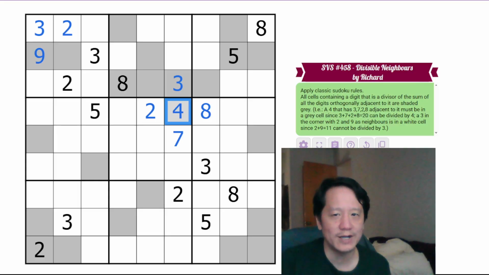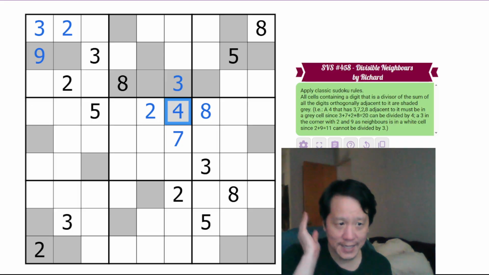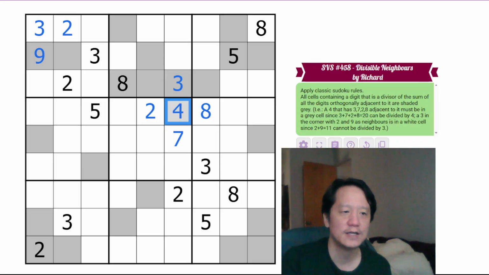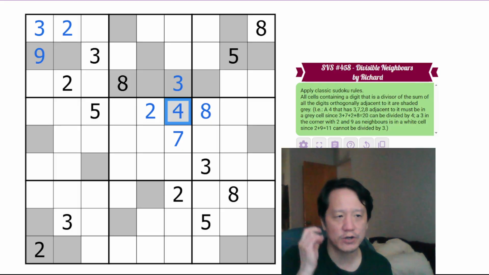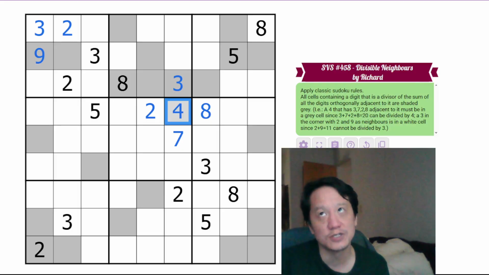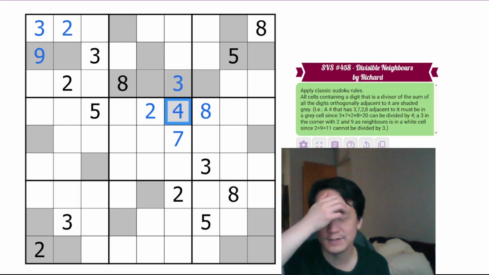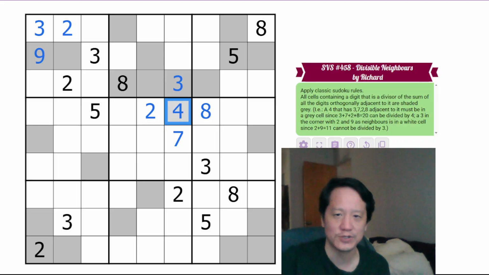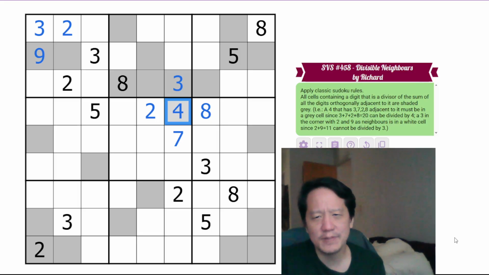And the digits in white cells cannot divide evenly into the sum of the cells that share an edge with them. There's too many different variables here. I hope that was clear, right?